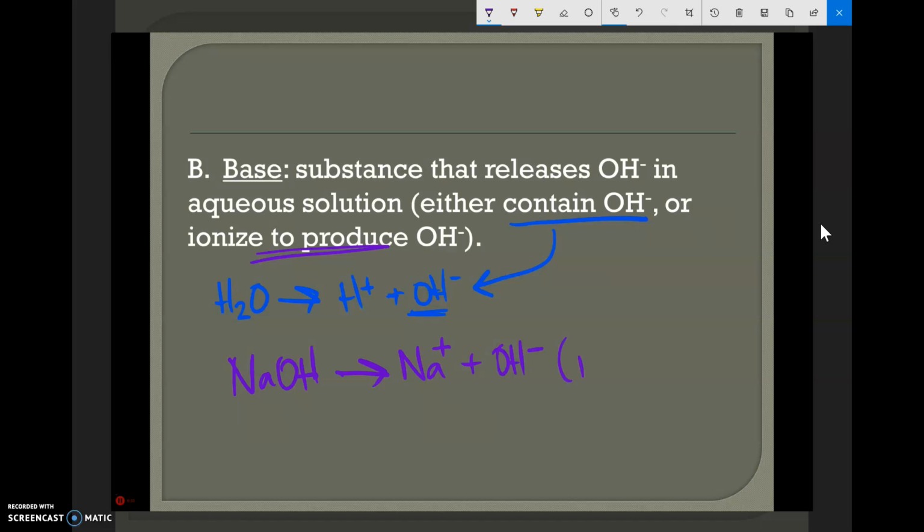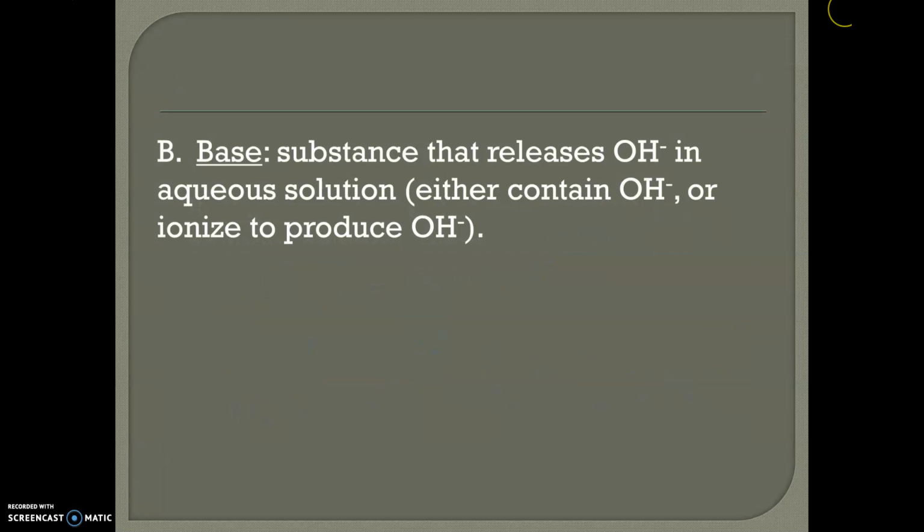So these are called ionic hydroxides, when we have a metal with a hydroxide and it can break down. So again, containing would be an example like water, or we can have a substance that can produce a hydroxide, such as sodium hydroxide. So that's what a base means in Arrhenius' theory.